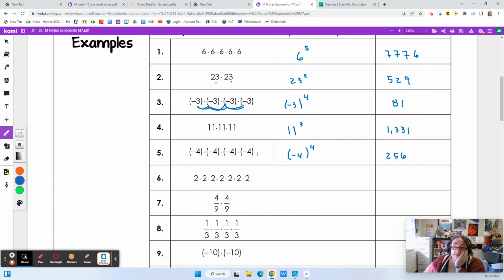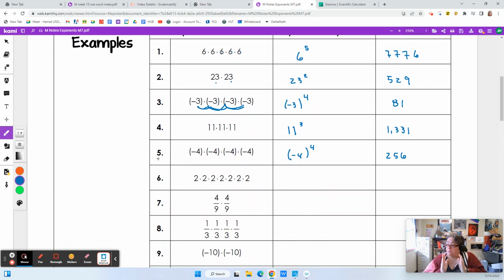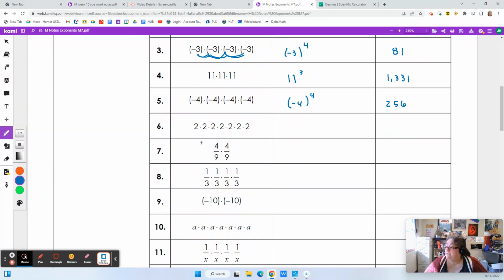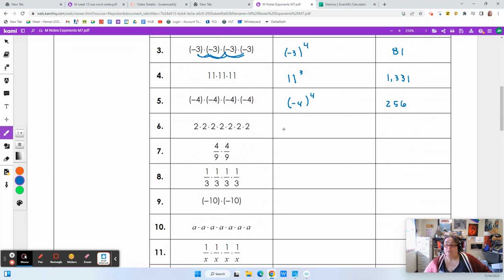And then -64 times -4 is positive 256. So make sure that when you put your negatives in there, that you put them in parentheses so that you're squaring that negative too.